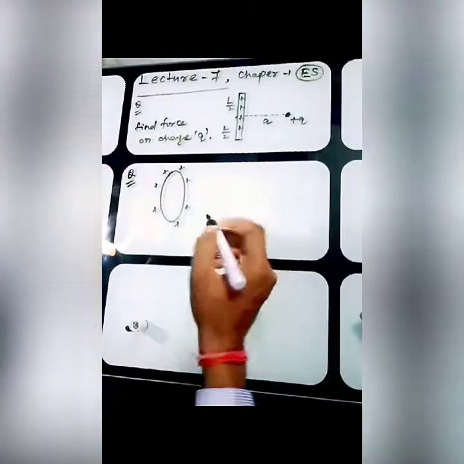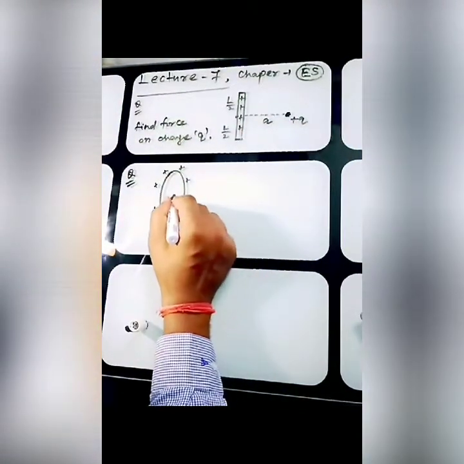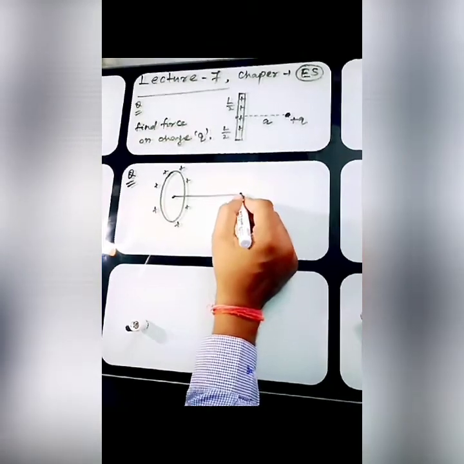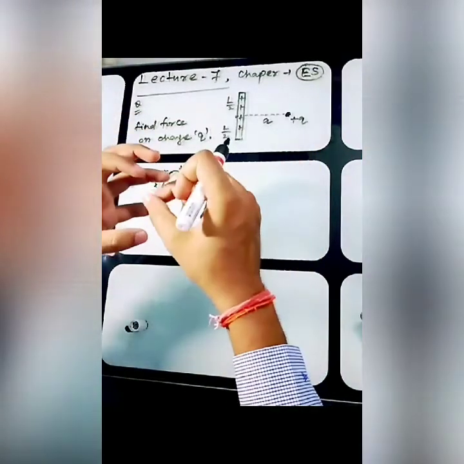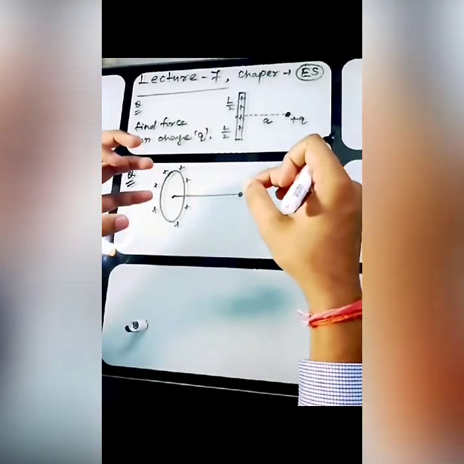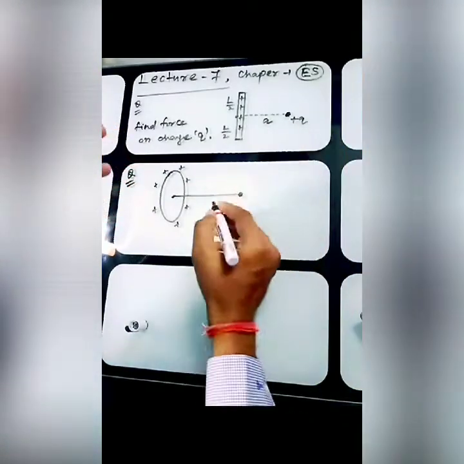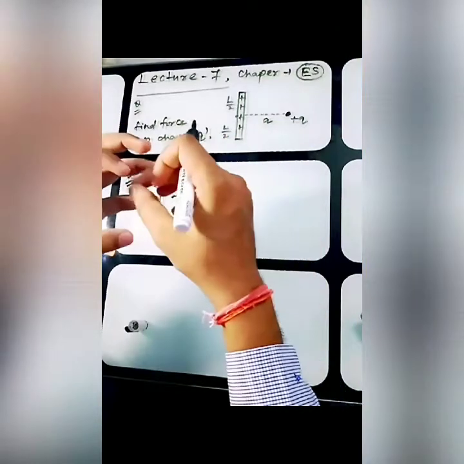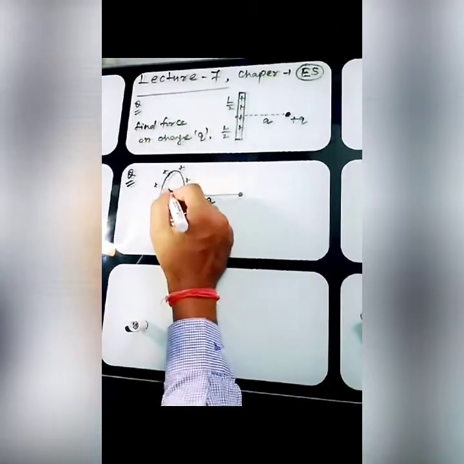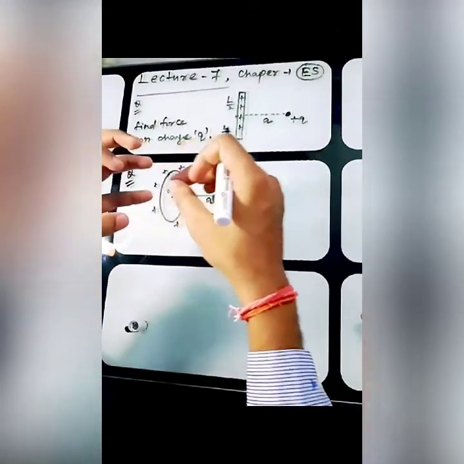Now a charge is placed on the axis from the center, at a certain distance, say it is A. At a distance A from center O, a charge is placed.